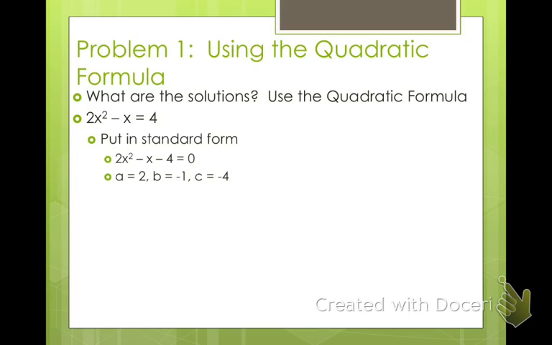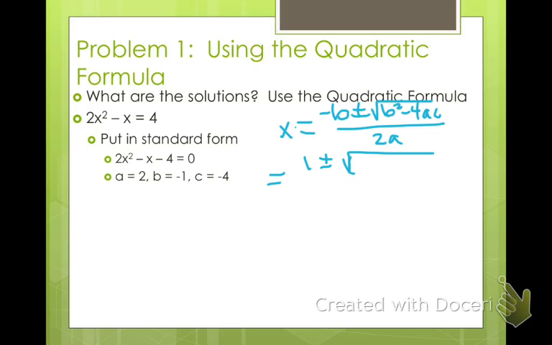So let's go ahead and put that into our quadratic formula. x equals negative b plus or minus the square root of b squared minus 4ac all over 2a. So the opposite of b, negative negative 1, is positive 1, plus or minus negative 1 squared minus 4 times 2 times negative 4 over 2 times 2.